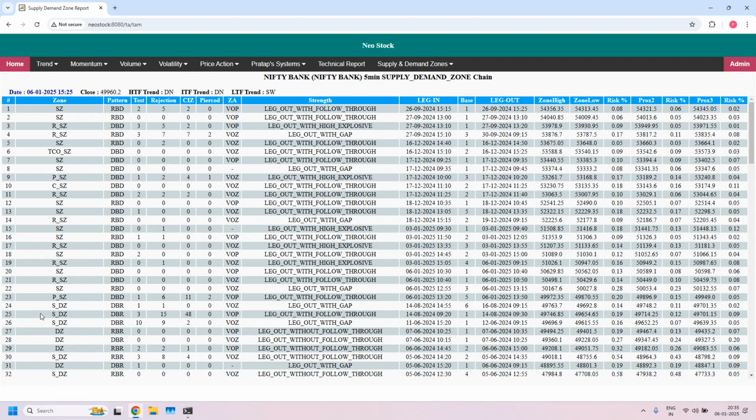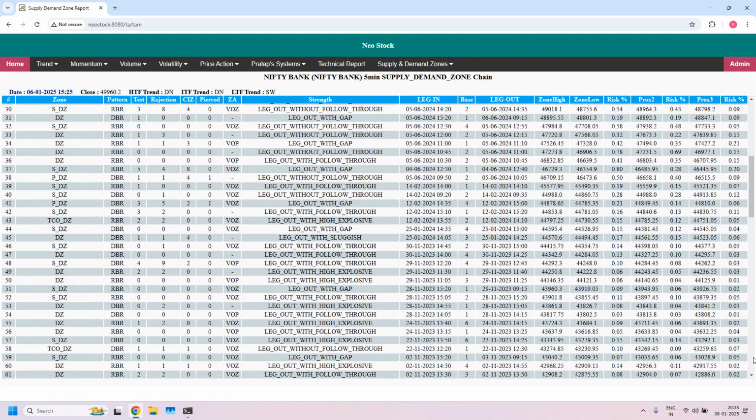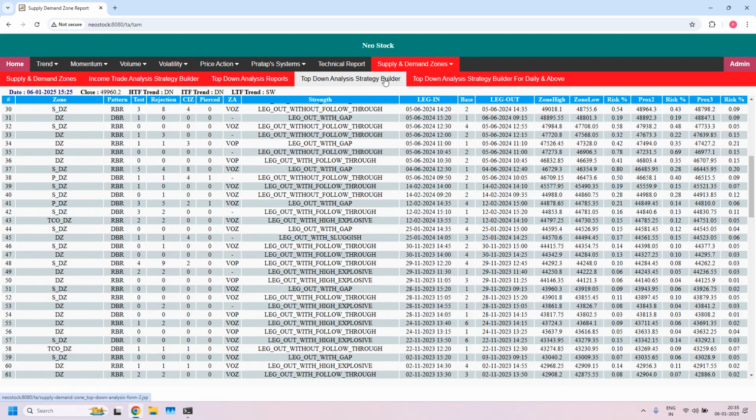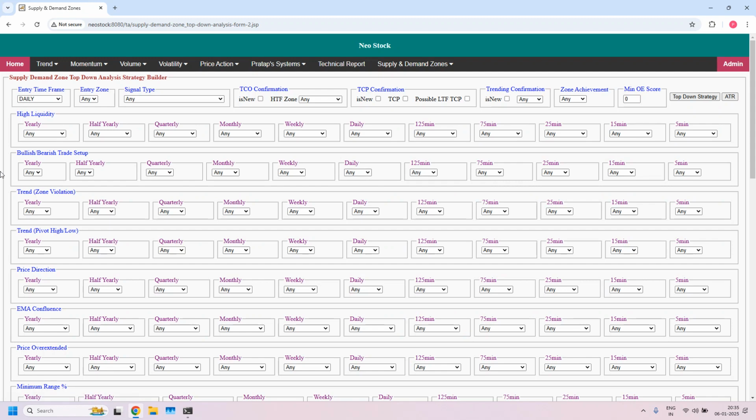Because the demand zones are very few, I am scrolling the list down. Okay, this is about Bank Nifty supply demand zone chain. Next, we will generate bullish and bearish trade setups for monthly, weekly and daily income trades.